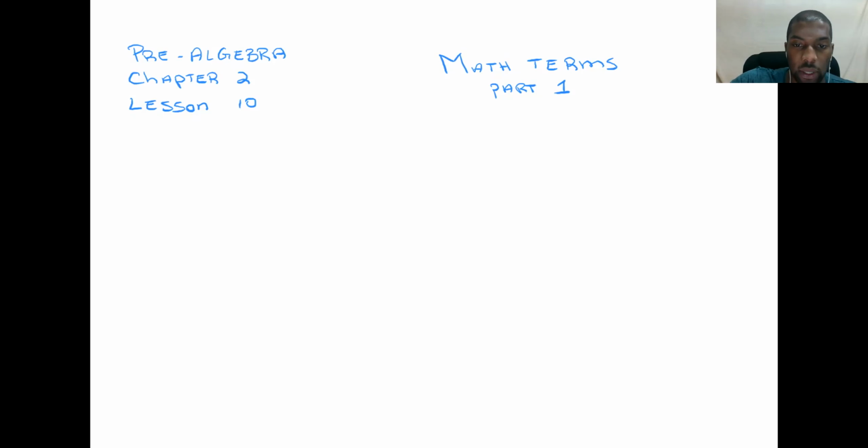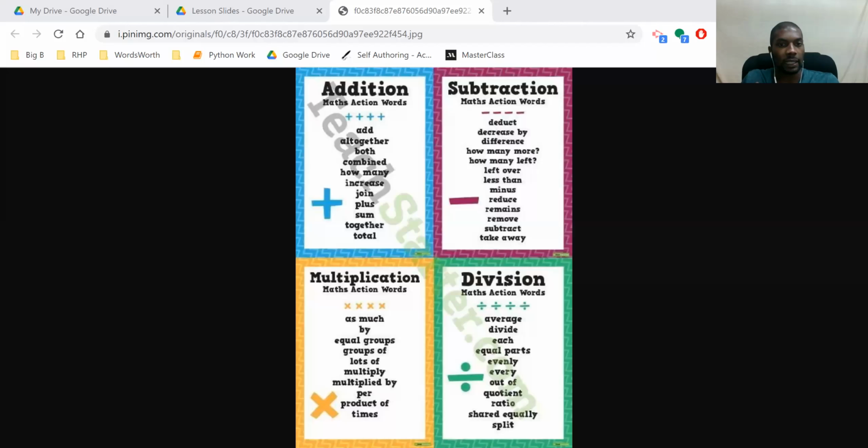I'm going to share with you a little bit of a resource I found online. All I did was type into Google "math terms," and this was, I think, the fourth or fifth picture. It's a little chart of addition words, subtraction words, multiplication words, and division words.